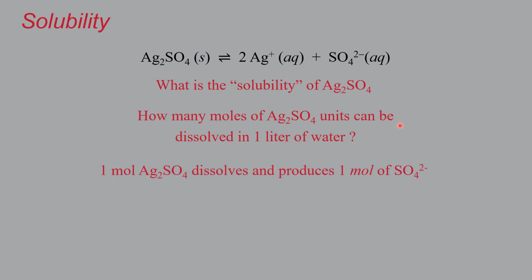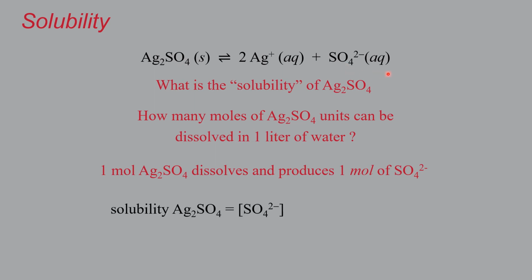Because we had 2 concentrations that we determined here, the sulfate concentration and the silver concentration, what would you link it to? In this case, it's easier to use the sulfate concentration strictly because of the one-to-one nature of the dissociation. 1 mole of silver sulfate creates 1 mole of sulfate ions.